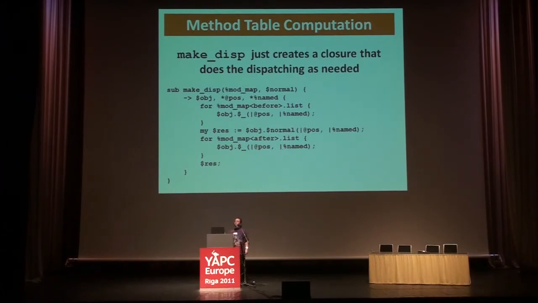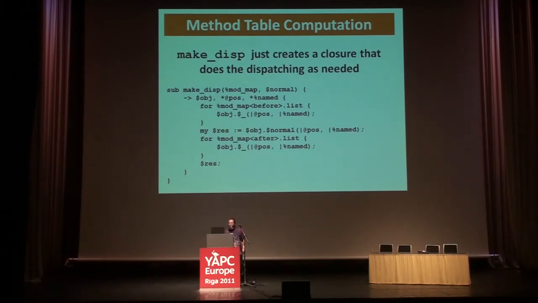It calls the normal one and keeps the result. It uses binding so it doesn't impose a context on it. And it then loops and does all the methods that we want to call afterwards. And then we return the result. So all we've done is, instead of having the normal method in the table, we've got this little wrapper that we've put there, which is going to go and do the right thing.